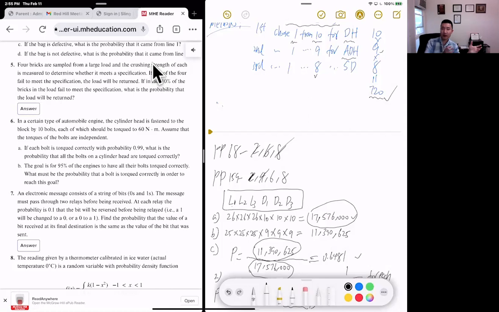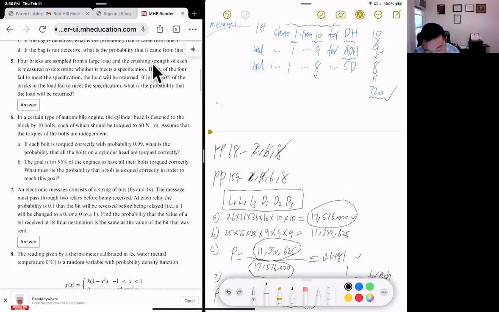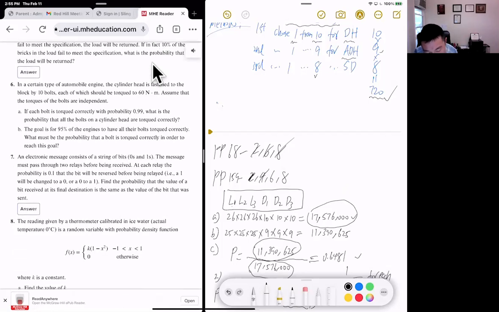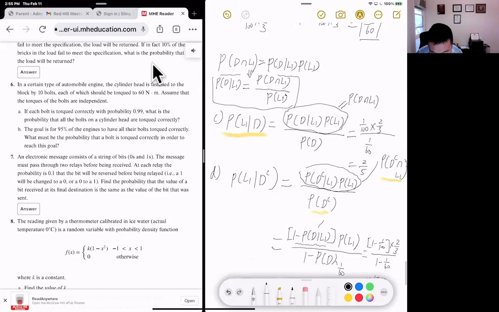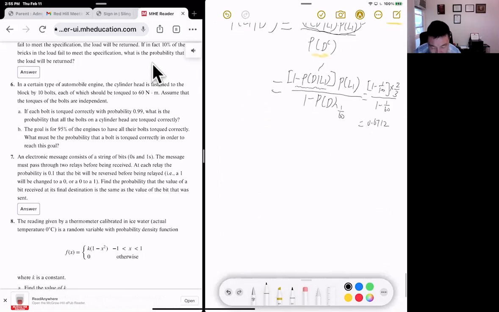Newton meter is the unit of torque, how much force you use to tighten the bolts. Assume that the torques of the bolts are independent. Part A: if each bolt is torqued correctly with probability 99%, what is the probability that all the bolts on the cylinder head are torqued correctly?